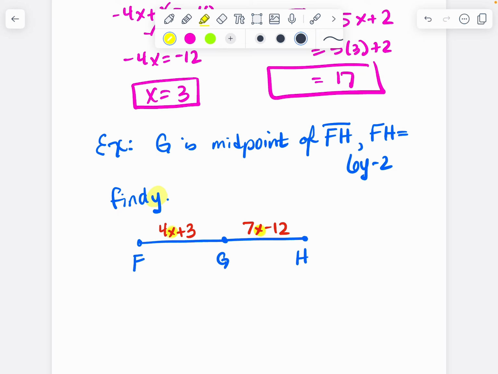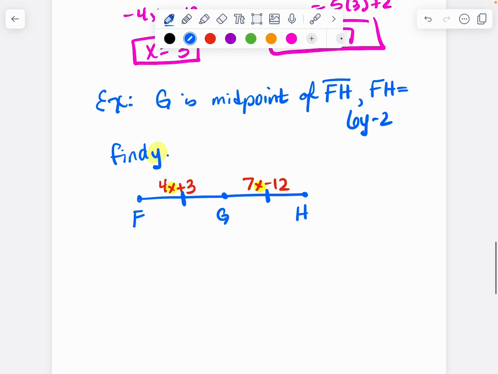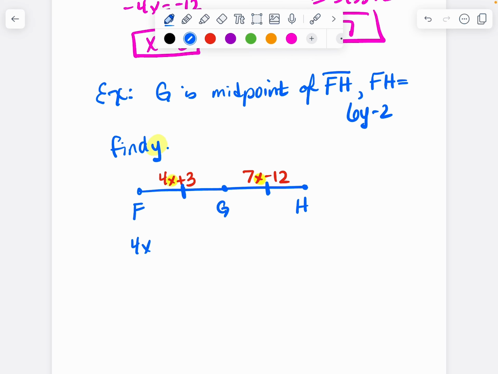So what do I do? Well, I did tell you that G is the midpoint, which means this piece and this piece are congruent. So because of that, I can write 4x plus 3 equals 7x minus 12. That's the definition of midpoint. Cut it in 2 equal pieces.